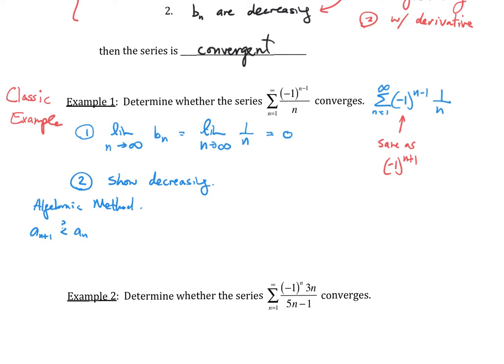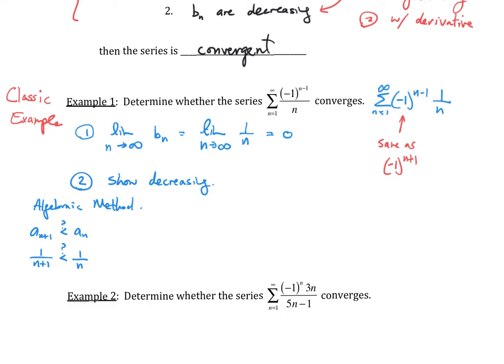So let's check. What does a n plus 1 look like? A n plus 1 looks like 1 over n plus 1. Is that less than 1 over n?